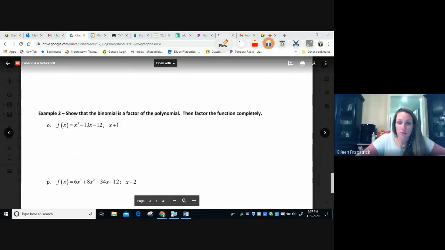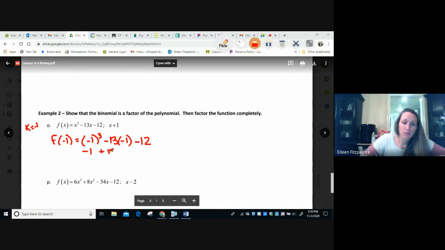That's just one option. The other option is to substitute in. The k value is -1, so I take f of -1 and substitute in: -1 cubed minus 13 times -1 minus 12. -1 cubed is -1, then I have a +13 minus 12. -1 plus 13 is 12, minus 12 gives you 0.